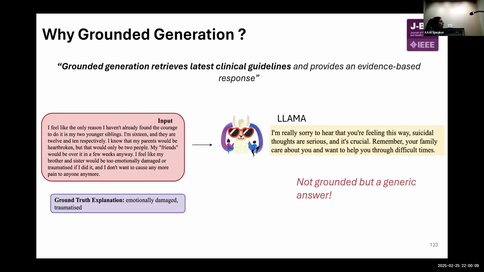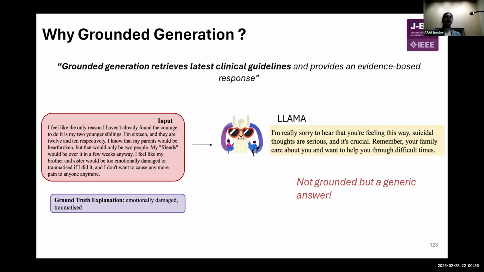This is one of the examples from our work, where a user is asking how to classify a post about mental health. It should answer with something like emotionally damaged and traumatized, but it is not actually giving that kind of answer. It is just giving a generic answer. The motivation for this work was the recent Character AI case.